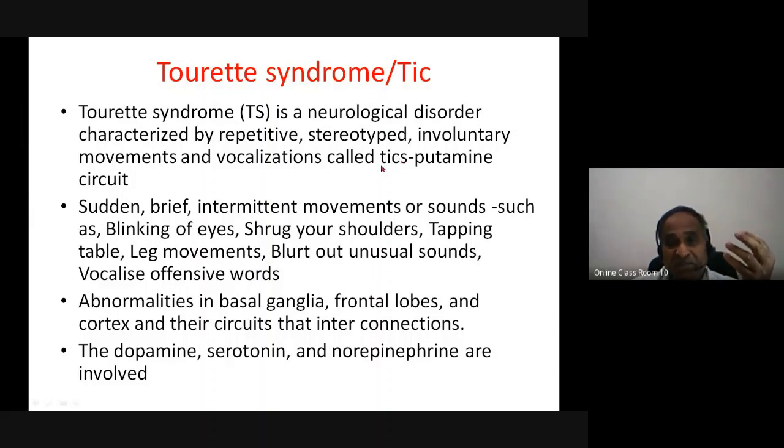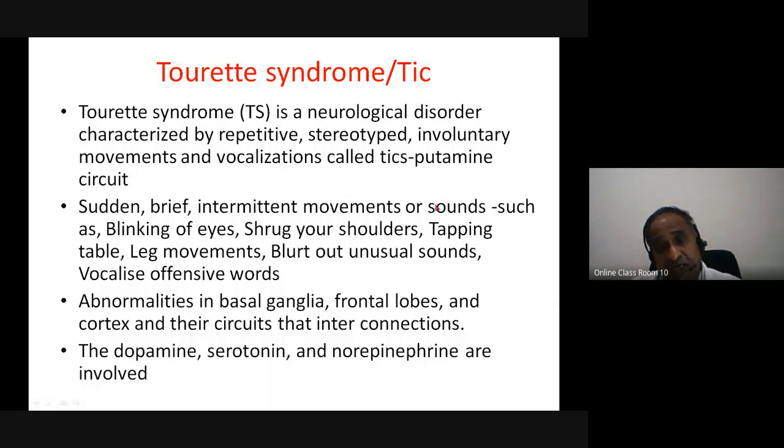You may consider them that they are making some tricks, but they are having real tics. Now this is because of the involvement of the putamen circuit, because the putamen circuit is for the pattern activity. So these are associated with sudden, brief, intermittent movements in case of the motion.